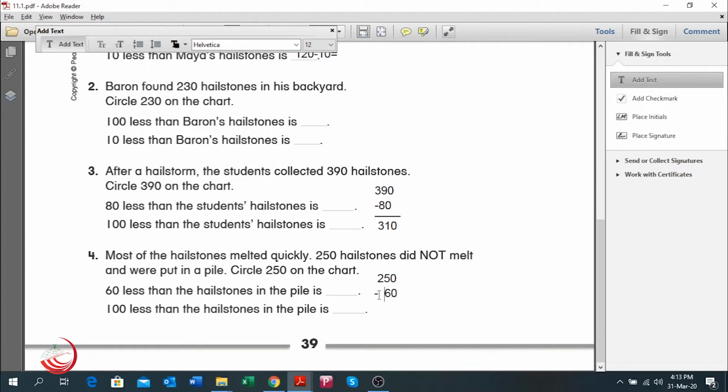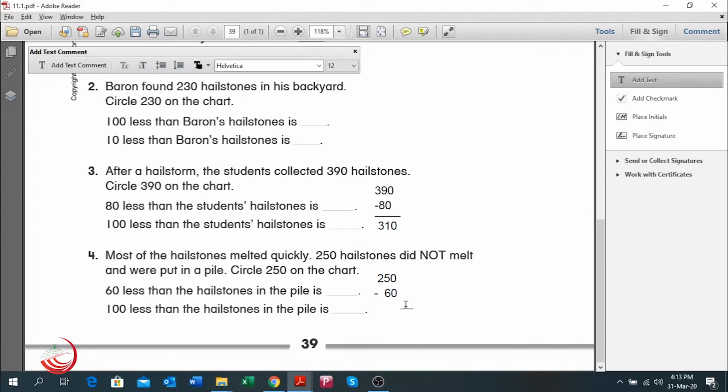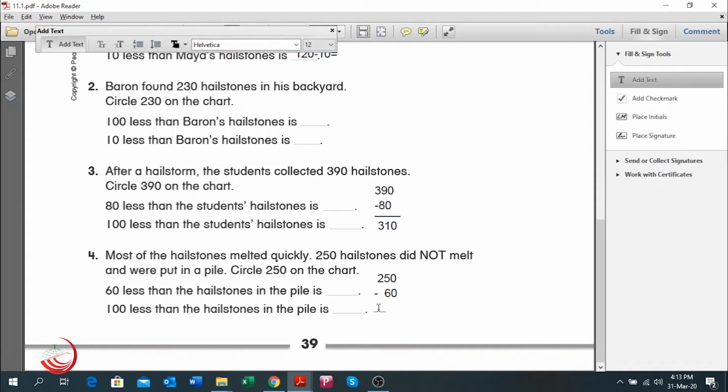Let's do it like this. Okay, 250 minus 60. 0 minus 0 equals 0. 5 minus 6. Can I subtract 6 from 5? I cannot subtract a bigger number from a smaller number. I cannot do that.